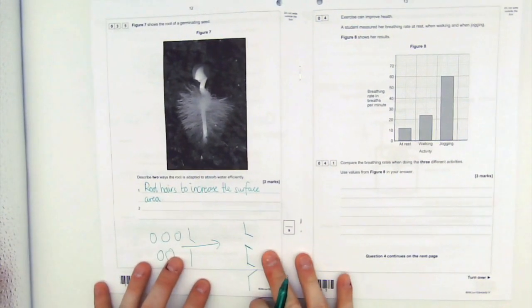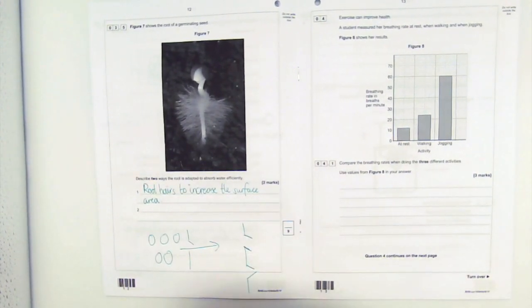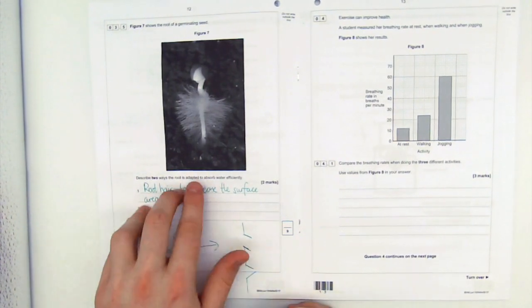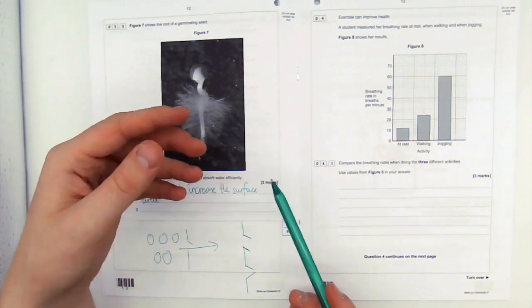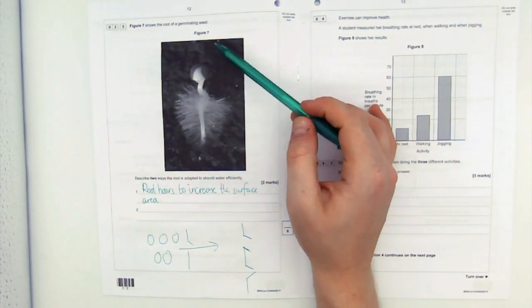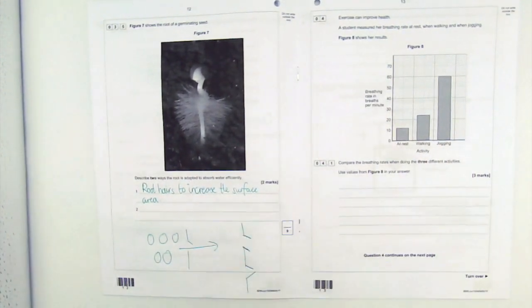It's hard to see on the copy. It's white. That's the main one. It's hard because it's a germinating seed. You haven't really got leaves where you've got this transpiration stream to reduce the water concentration.